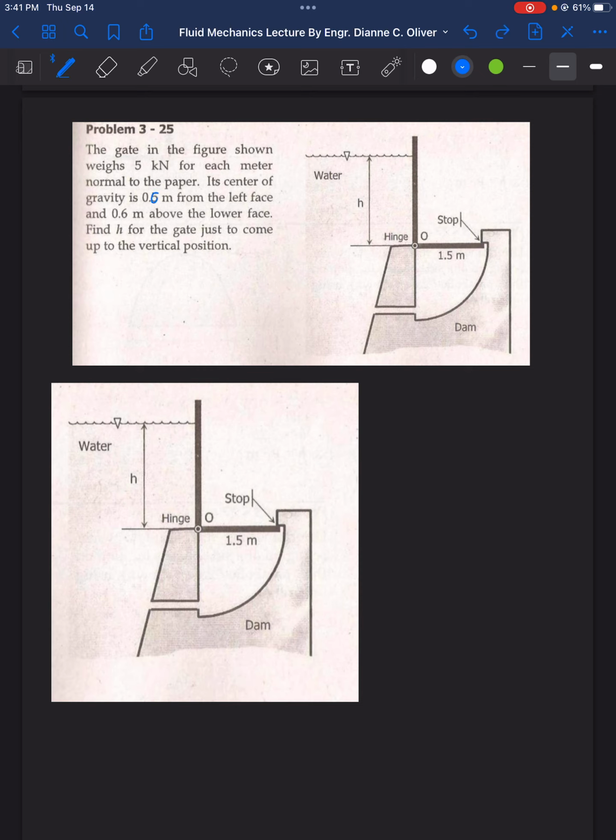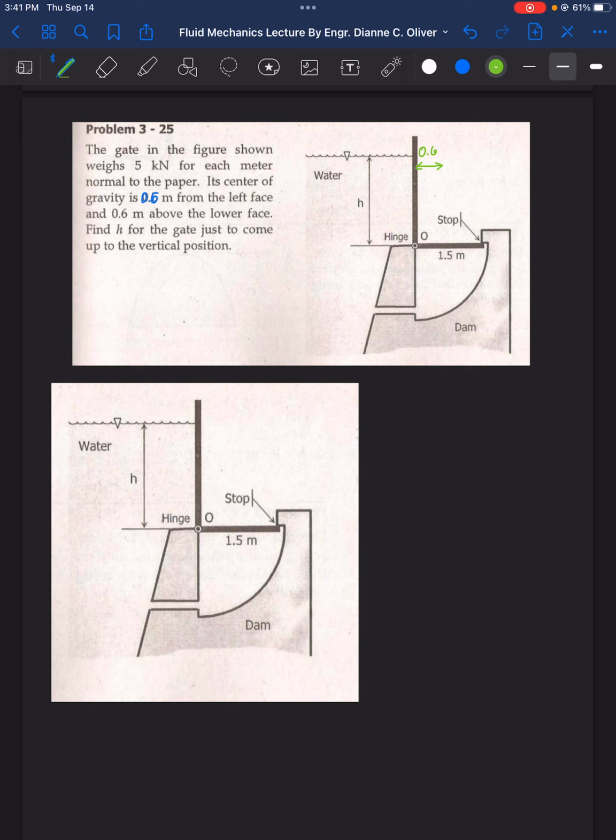Okay. So this is 0.6 meter from the left face. So that means from this member, that is 0.6 meter, and 0.6 meter above the lower face, or probably that's 0.5.